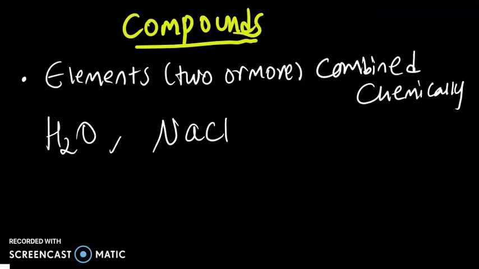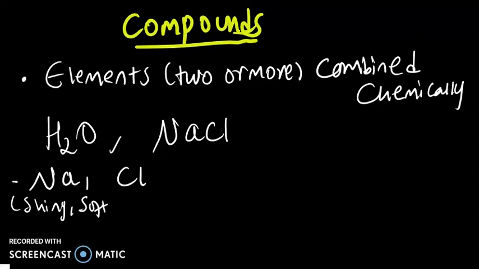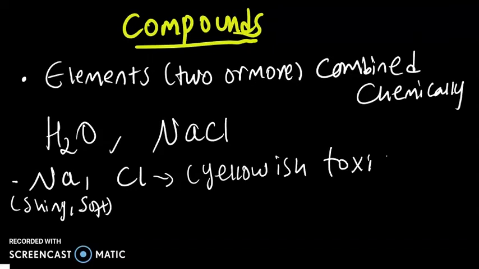When atoms of different elements react, for example when sodium and chlorine react, they lose their characteristic properties. In nature, sodium is shiny and soft, while chlorine is a yellowish toxic gas, which is a halogen as well.